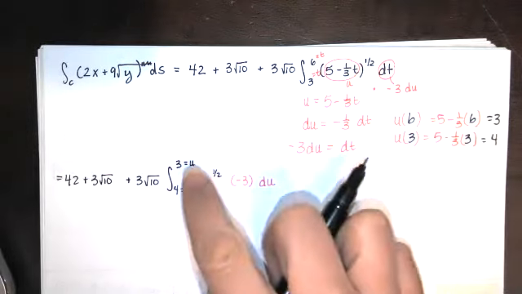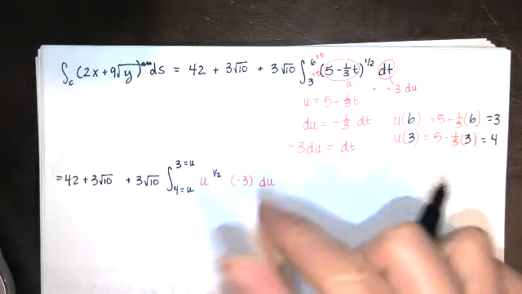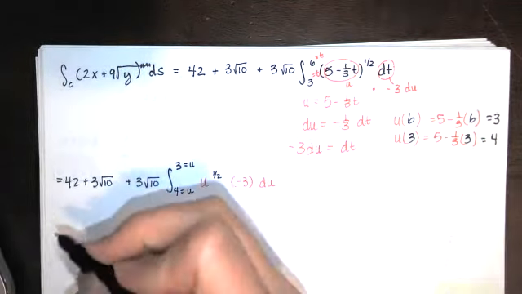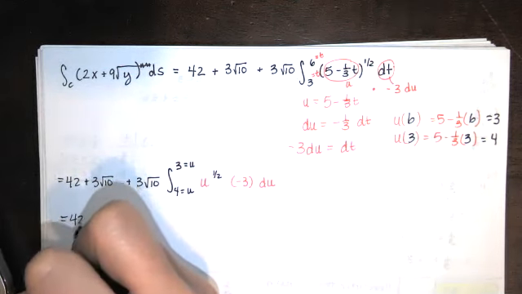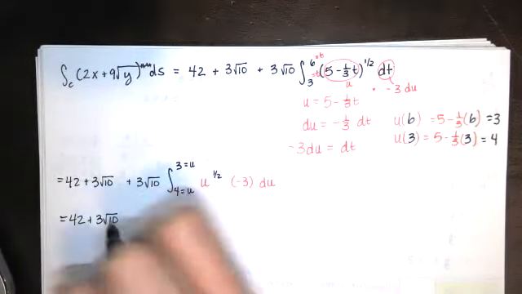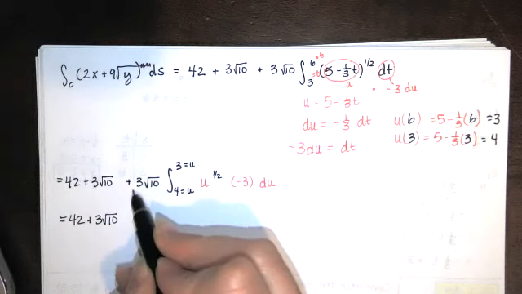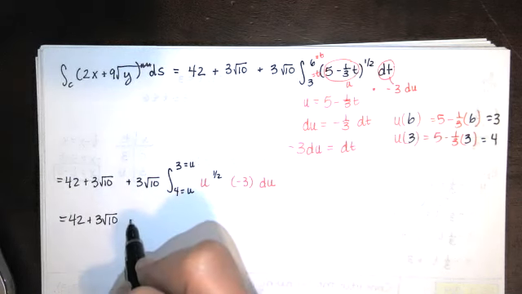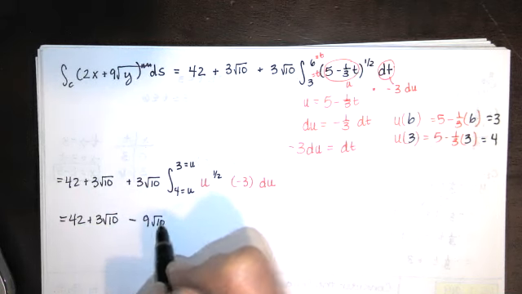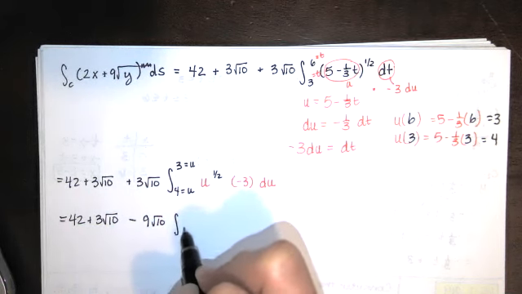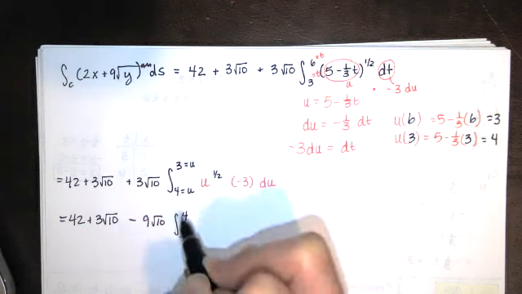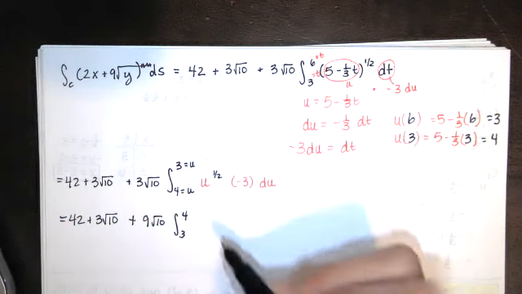And if you don't like the fact that that 3 is above that 4, you can flip it and multiply by -1. That's totally fine. We learned about that in Calculus 1. So I'll have a -3 times this 3 root 10, which is going to be a -9 root 10. And if I want to change the order here, make that an integral from 3 to 4, I can, as long as I multiply by -1.